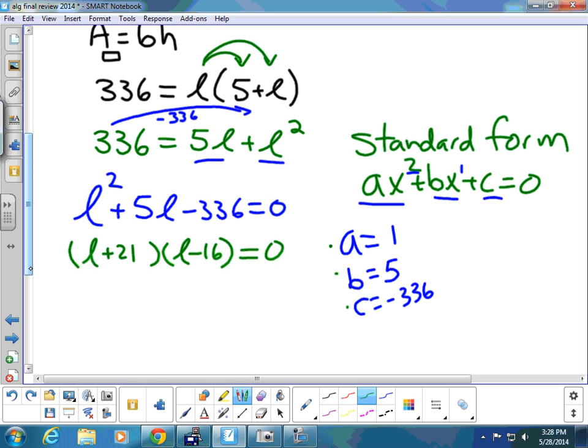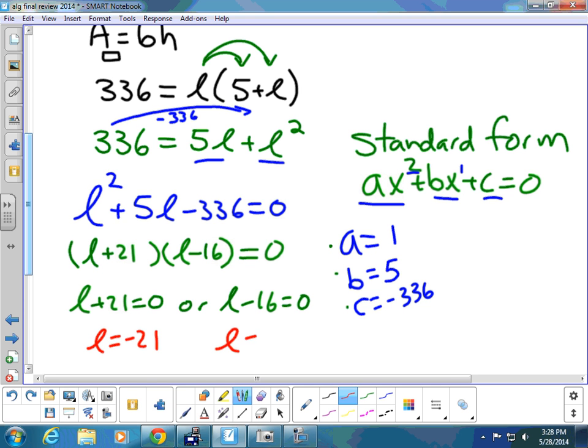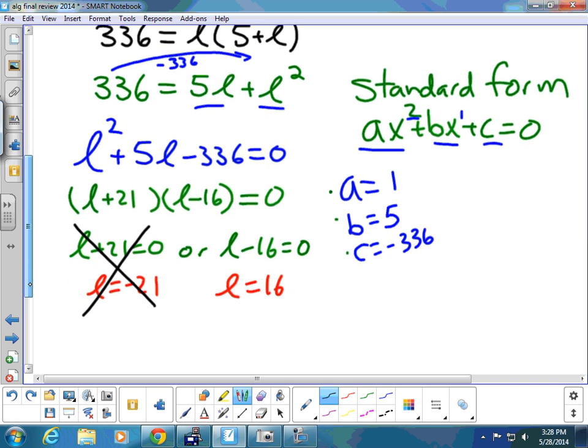This result becomes L plus 21 equals 0, or L minus 16 equals 0. When we solve these two equations, we get L equals negative 21 and L equals 16. We're going to throw out the negative one, and go with the 16.